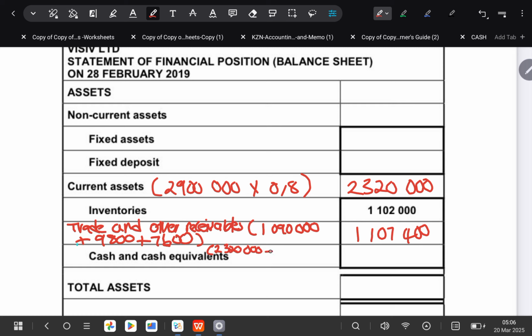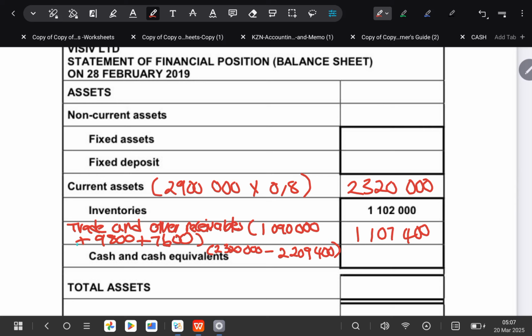So if you take this total, 2,320,000, and you subtract the sum of these two, let's see how much we'll get. 1,102,000 plus 1,107,400, the answer that we're getting is 2,209,400.